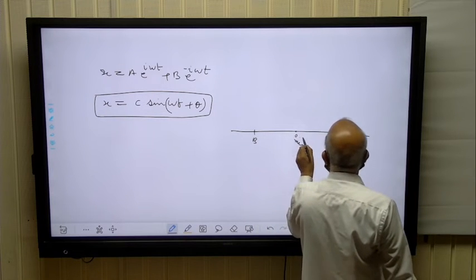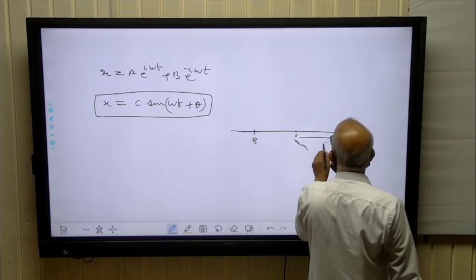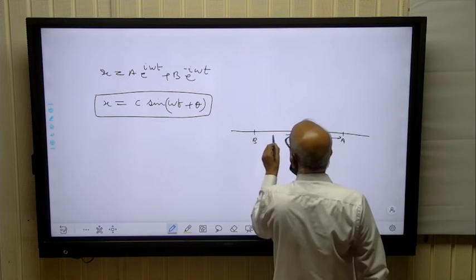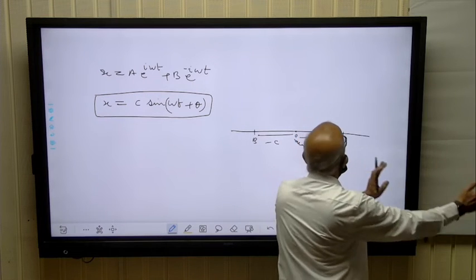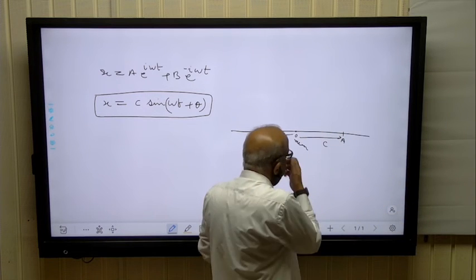Therefore, O to A is C and O to B is minus C. If I say that this direction is positive, naturally this is.